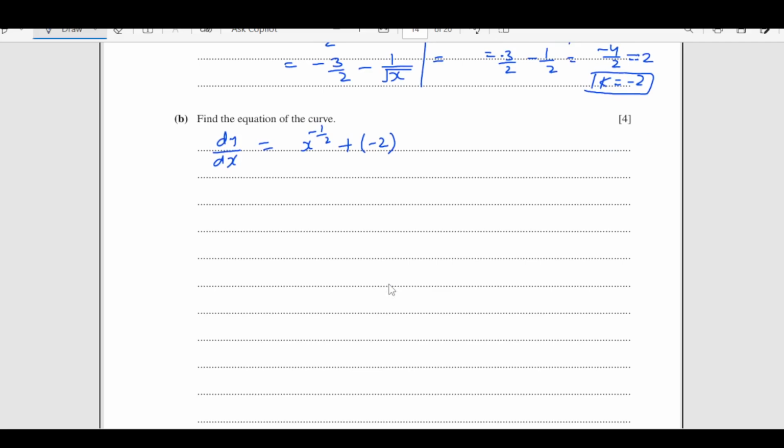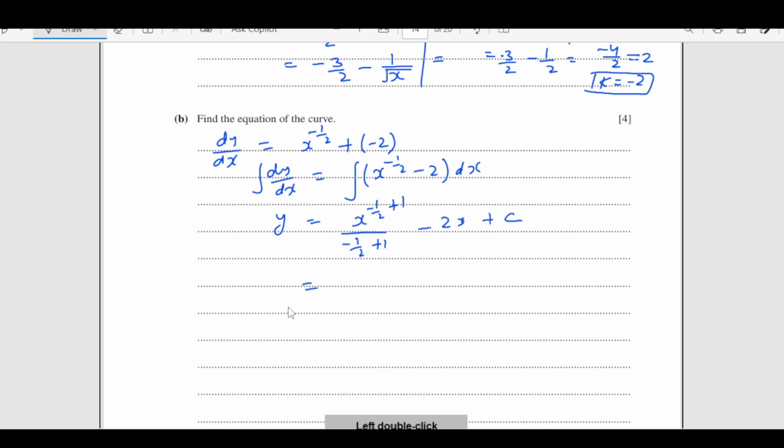Integrating both sides, dy/dx becomes the integral of x to the minus 1/2 minus 2 dx. Then this becomes y, and x to the power plus 1/2 over plus 1/2, minus 2x plus c.